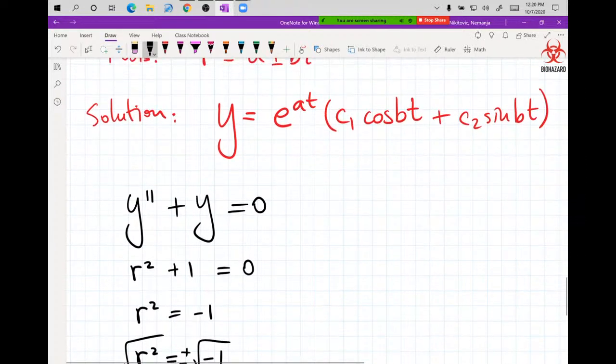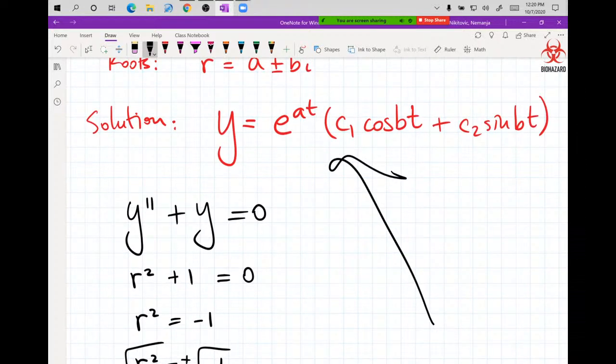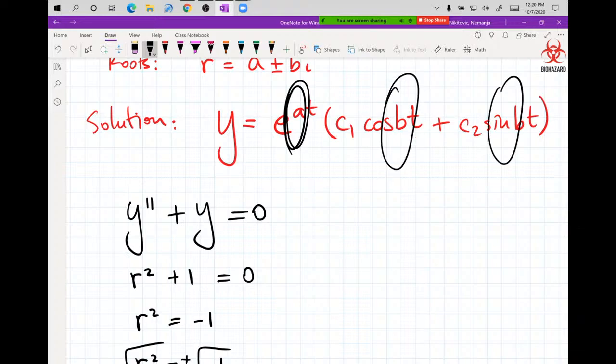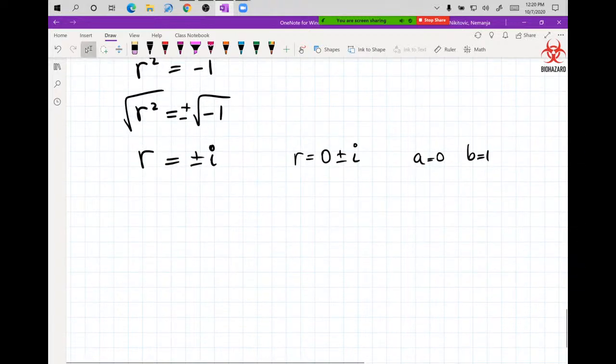And please don't make this complicated. Just plug those numbers where they belong. There's no reason to think and invent something new. You have your a in the formula, plug that 0 in, and you have your b in the formula, plug the 1 in, right? So our solution would be y of t equals e to the 0, which is 1, so there is no e factor because there is no real part, right?